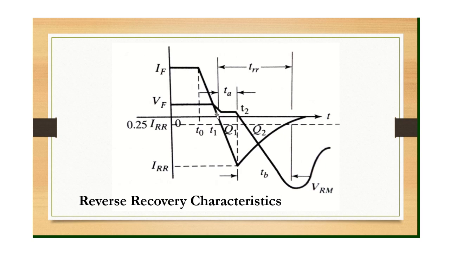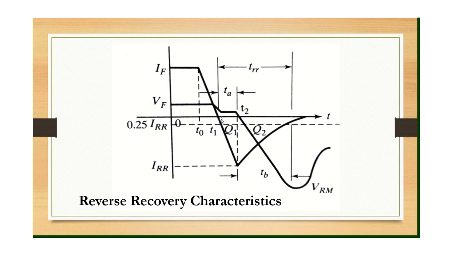Observe here the moment ta; it is the charge storage. This reverse recovery is nothing but because of charge storage. Even when the diode is reverse biased, because of the minority carriers which require time to recombine, there is some reverse current flowing.